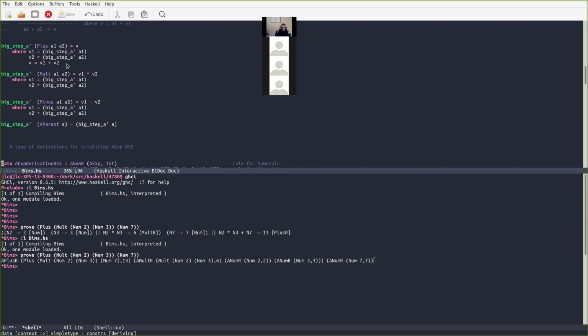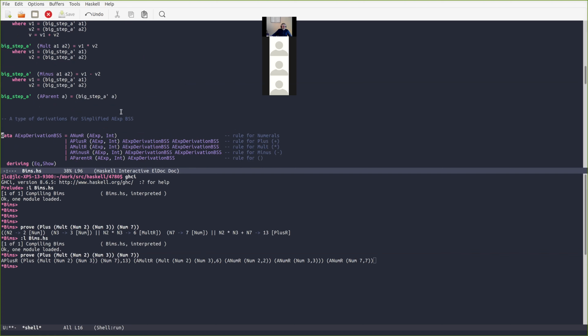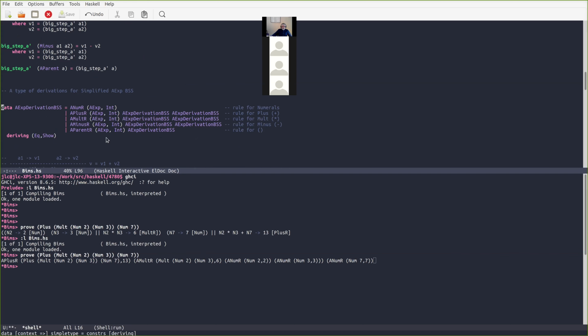You can see what that's doing is it's just evaluating the expression plus A1, A2. So your big step evaluator is pretty easy, but the idea of building this derivation tree is less familiar. This is a kind of a tree structure, which is a derivation. And we're going to talk about them more today. Okay?